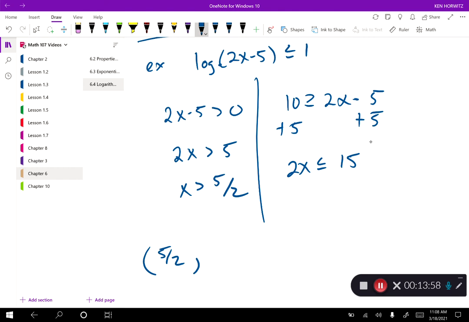And now I'm going to divide by 2, so I get x is less than or equal to 15 halves. So my upper number says that x has to be less than 15 halves, but it's an or equal to, so I can put my notation in this way.